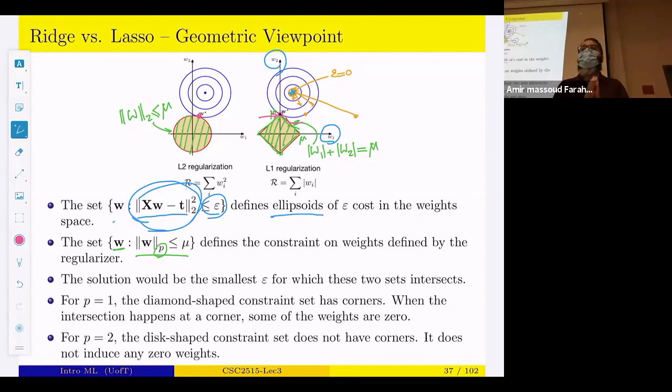So the dimension of X is, say, 10,000, for example. But the number of people that you have in your data set is usually small. You don't have millions of people with their genes, but maybe tens or hundreds at most. So the number of variables is many more than the number of individuals.